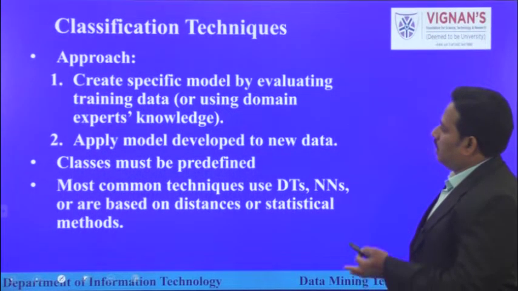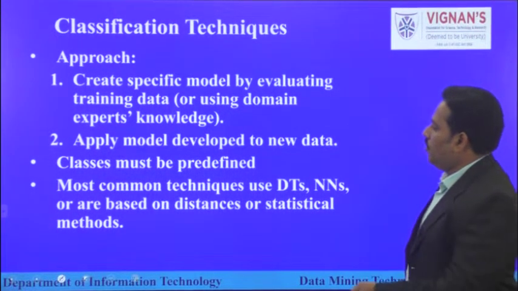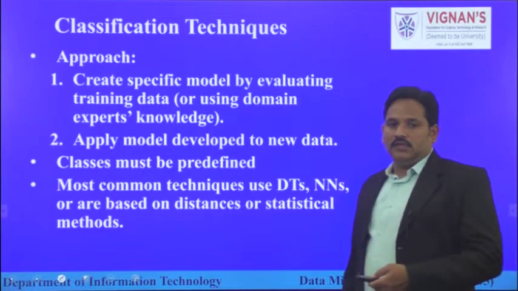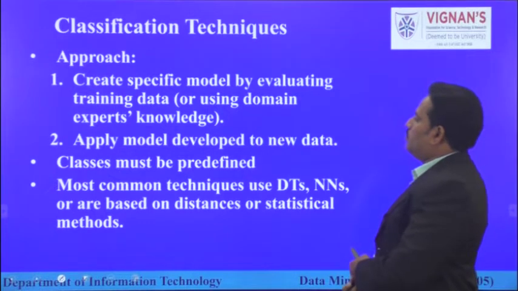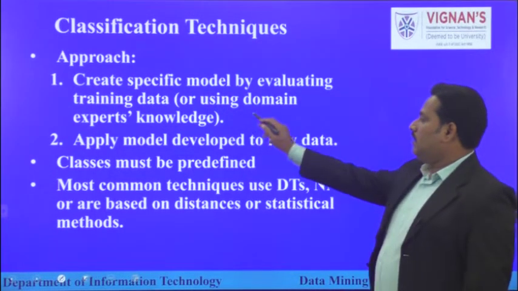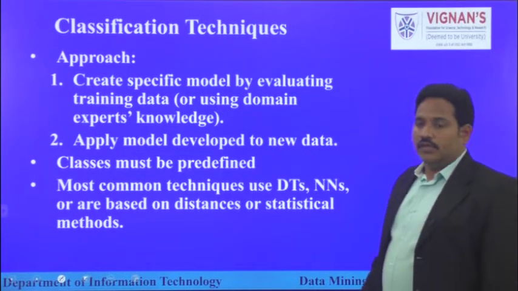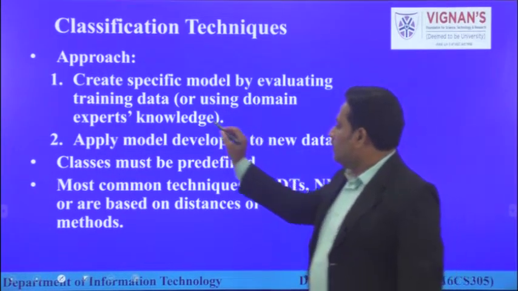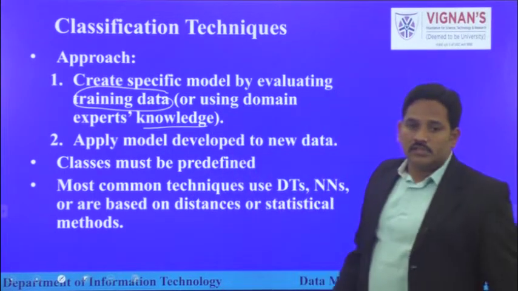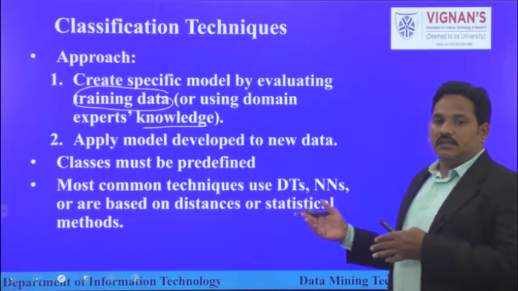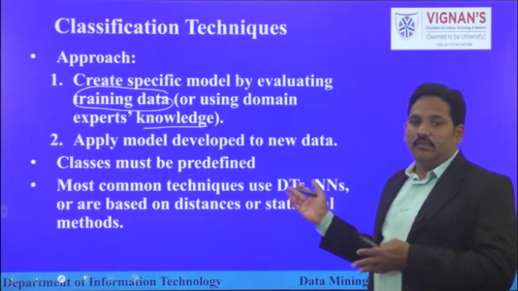Now, what is a classification technique and how is it going to be applied in any data application? The main approach is to create a specific model by evaluating training data using domain experts' knowledge. Look carefully here. We are taking the help of training data based on the domain knowledge. The data and the properties of data will differ from application to application.